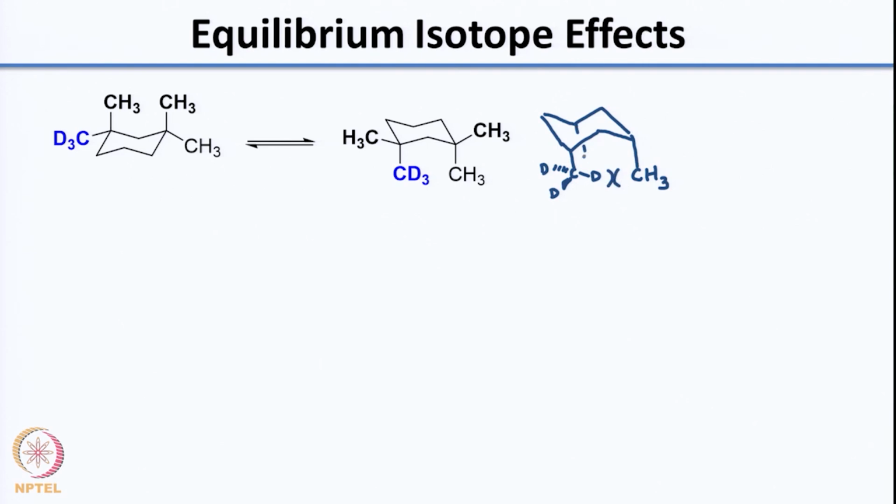You also have a hydrogen which also leads to a destabilizing methyl hydrogen and CD3 hydrogen interaction. So, when you compare this with another structure, where you have CH3, remember the CH bond is longer than the CD bond.